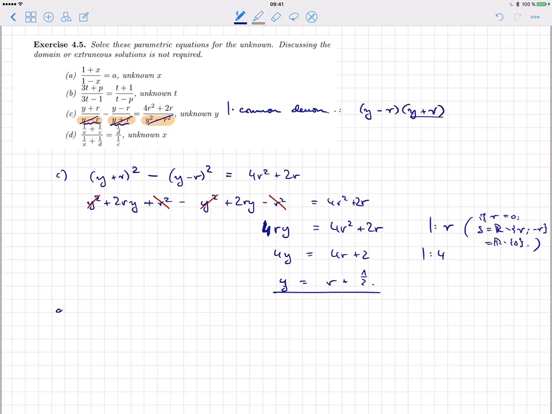Finally, the last fractional equation contains lots of double fractions.